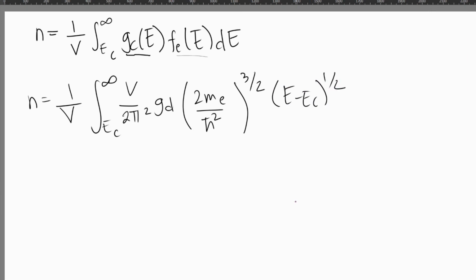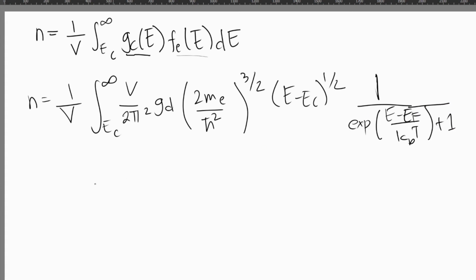Then yung ating Fermi or yung ating electron distribution function, FEE natin, this is 1 over exponential of (E minus EF) over KBT plus 1.